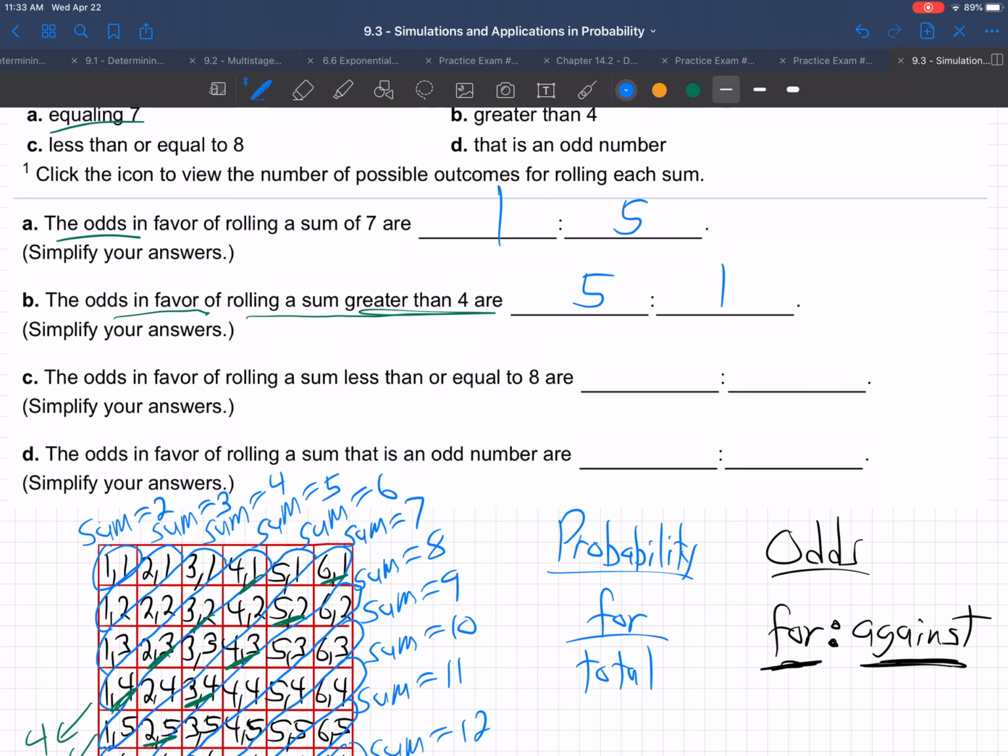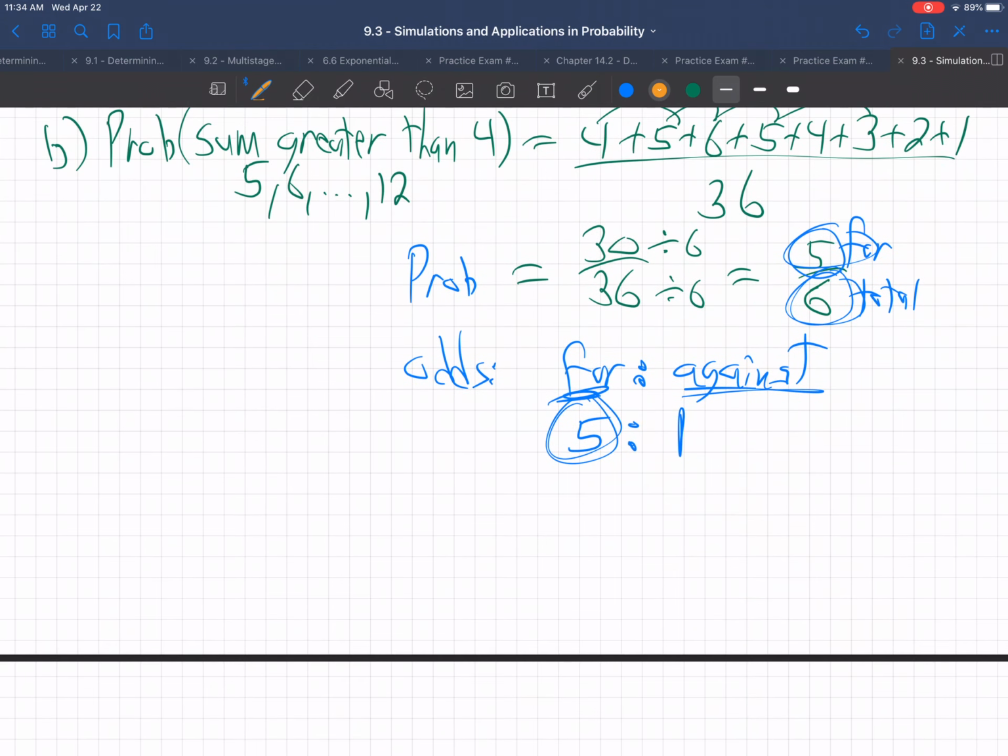So now let's do part C. Part C, the odds in favor of rolling a sum less than or equal to 8. So let's start with probability. Sum less than or equal to 8. So we gotta go up there and count them.